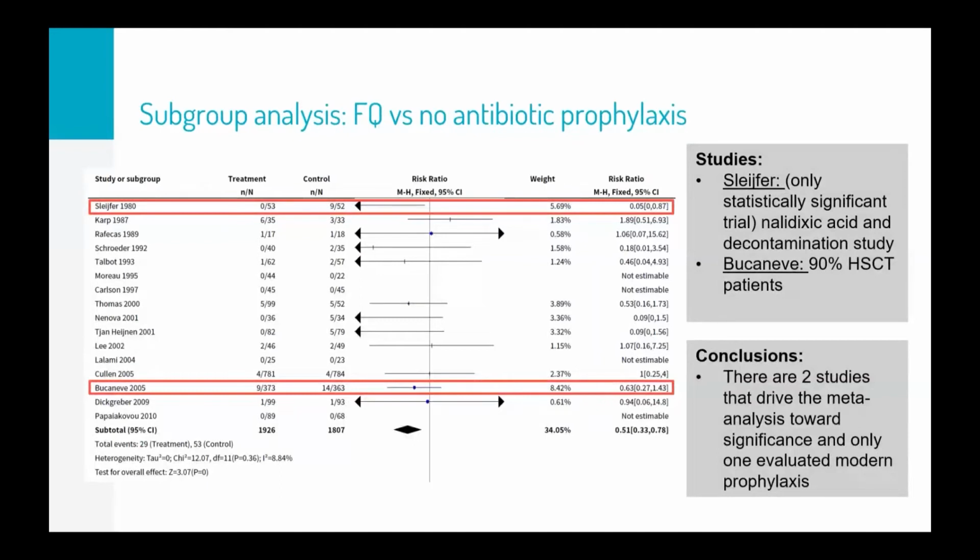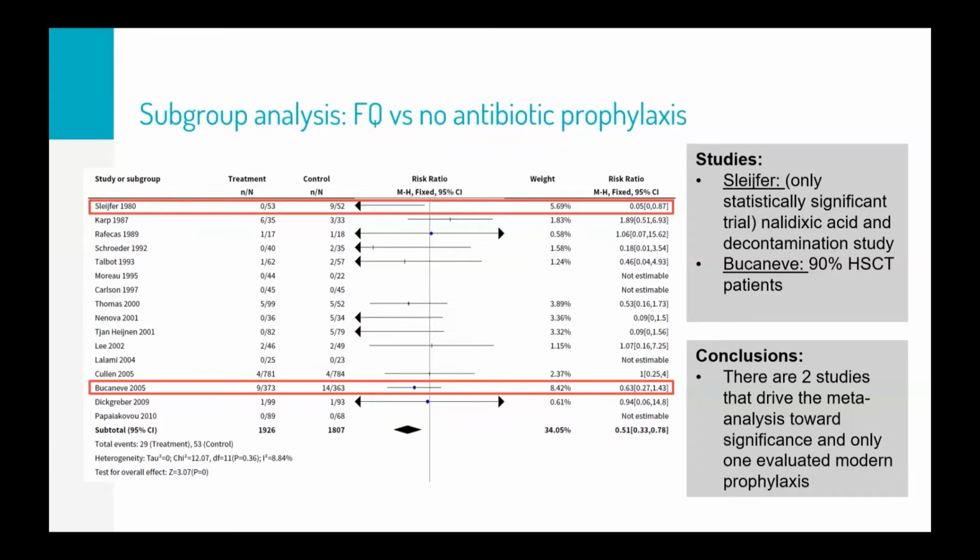Now, looking at fluoroquinolones specifically for prophylaxis versus none, there was only one study that was statistically significant, which was, again, the gut decontamination study, which is highlighted here on the top. And then the second one was the Vancomycin, which was trending towards significance, but again, was mostly in the stem cell transplant patient population and wasn't significant.